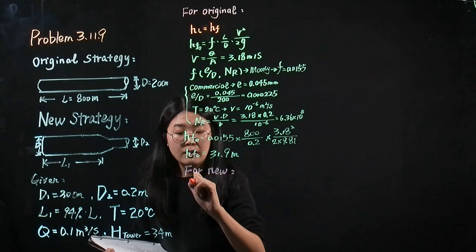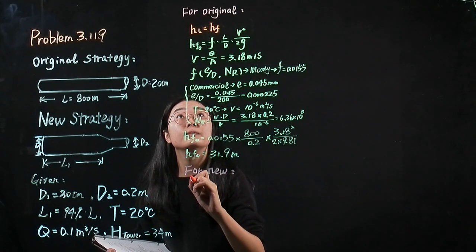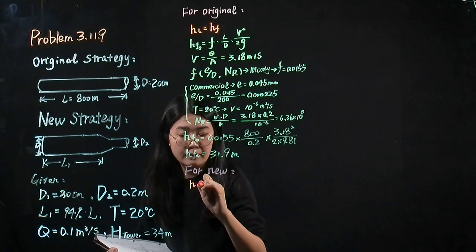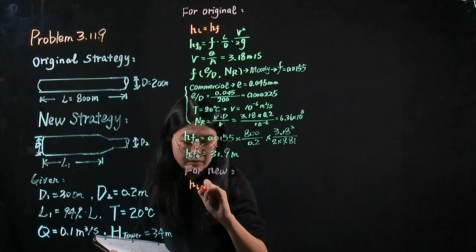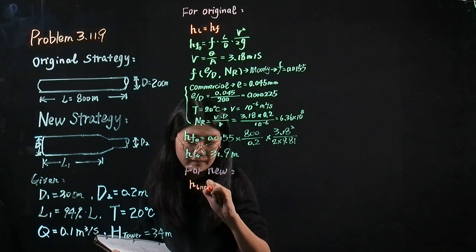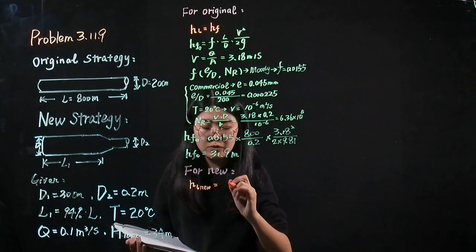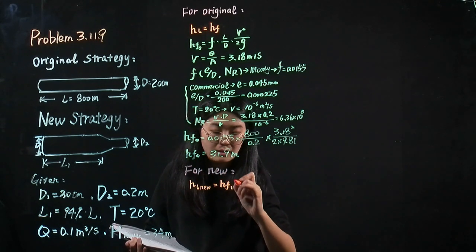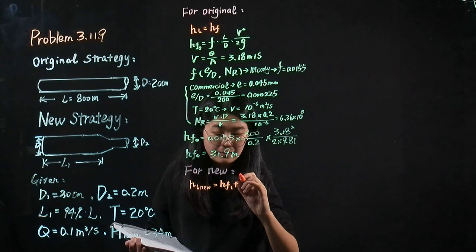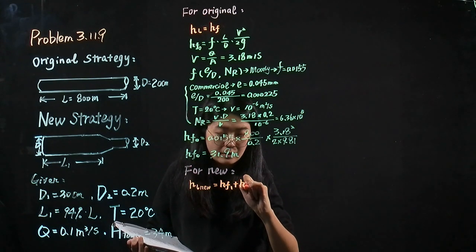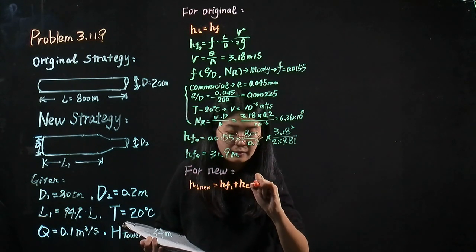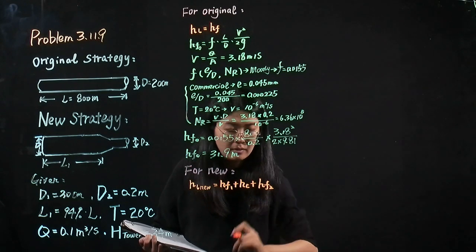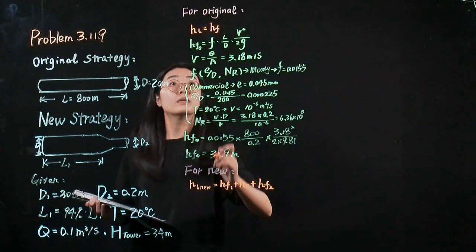So HF, the head loss here, new, is equal to the friction loss in the first part, plus the loss contributed by the confuser, plus the loss in the second part.